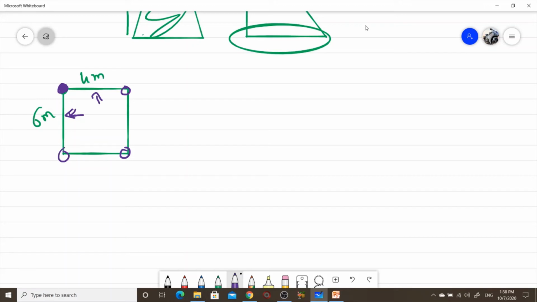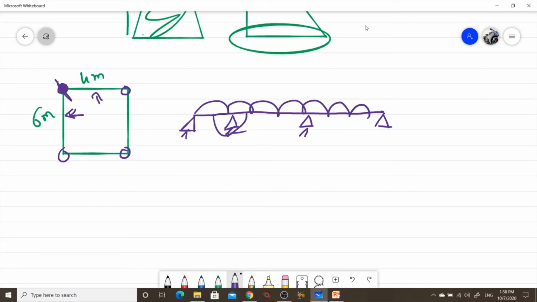If I cut this from here, there is a support at this joint and also one here. So the load is distributed from beam to beam, and the moment is distributed from wall to wall.